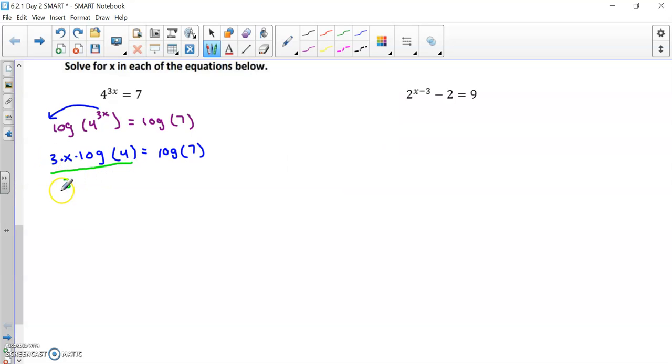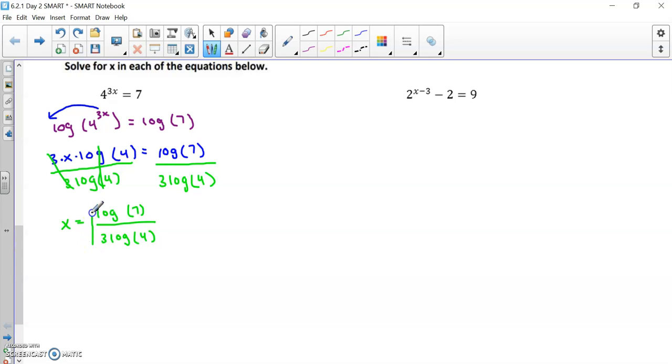We want to move the 3, and we also want to move the log of 4. We are allowed to do this because they're all being multiplied. That's the only reason we can do this. Dividing by the 3 and the log of 4 cancels the 3, and it also cancels the log of 4. So that leaves us with x equaling log of 7 over 3 times the log of 4.